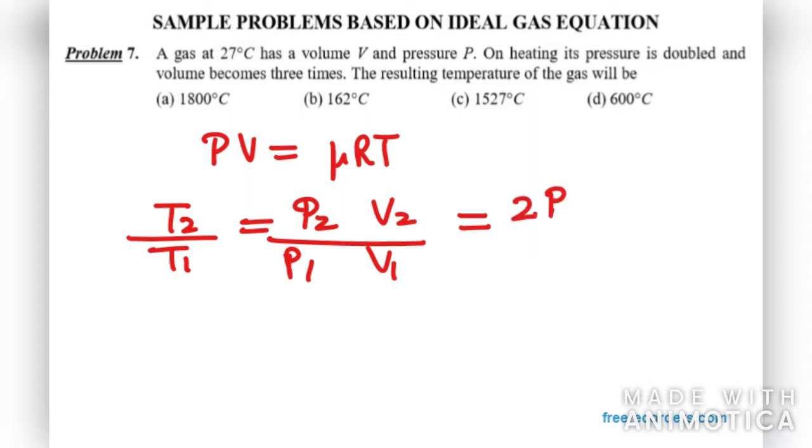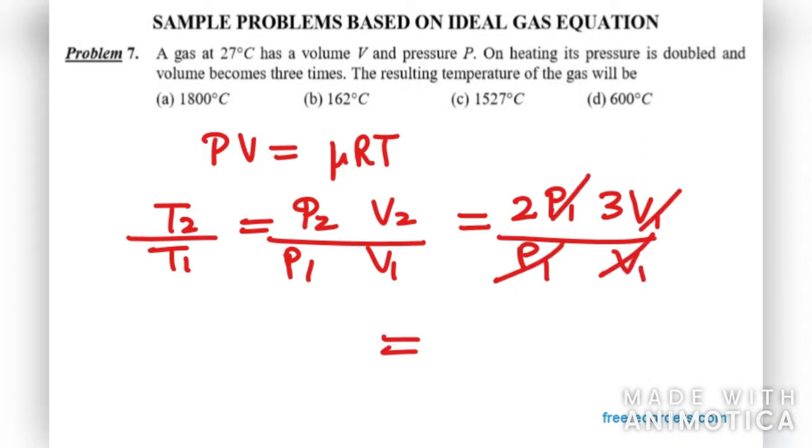So P1 has been changed into 2P1, and the volume becomes 3 times, that is 3V1. So P1 and V1 get cancelled out. You are left with 6, that is 6 times T1 over T1. Now T2 equals 6T1.